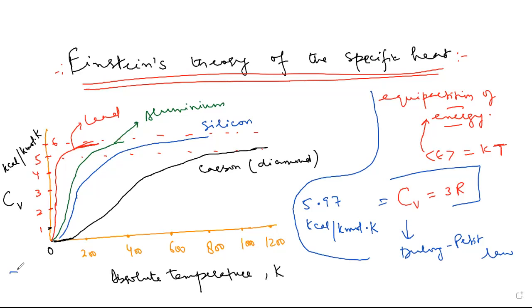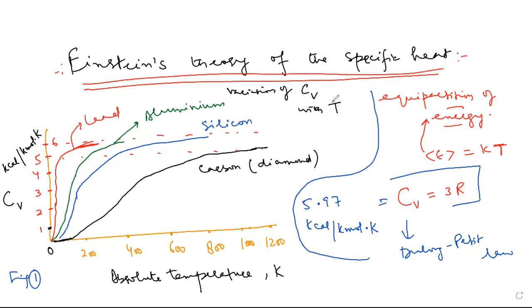On this side, this is figure 1, and it shows the variation of CV with T. T is absolute temperature, C is molar heat capacity at constant volume.